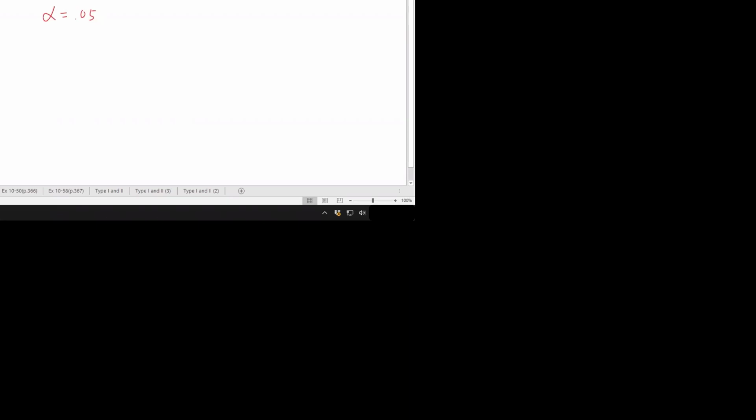Next question, what is the population parameter being tested? We're testing the mean fill of the canning process. So we're testing for mu.